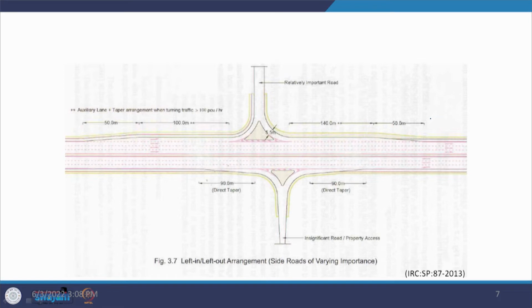Here, a continuous median is being provided, therefore there is no possibility of crossing traffic here, and the crossings could have been provided at some other location. The traffic coming from this direction at a speed v, which may be the design speed, if it desires to go out of the system, will take a turn in this form, and the speed v dash here is going to be quite less compared to the design speed v.